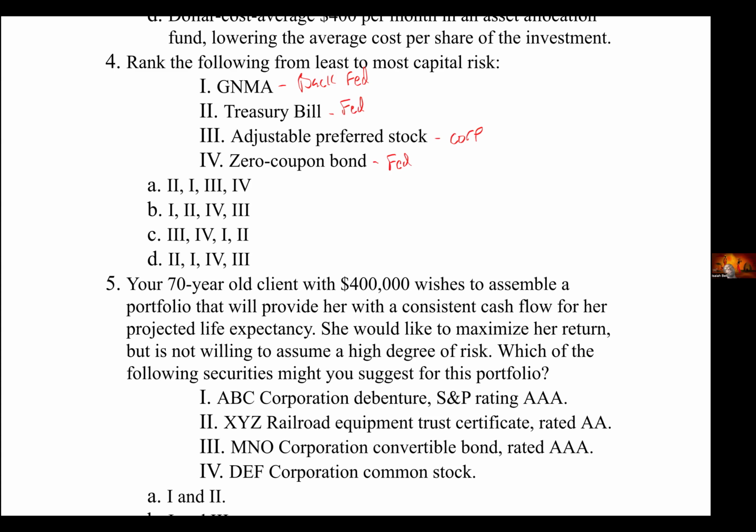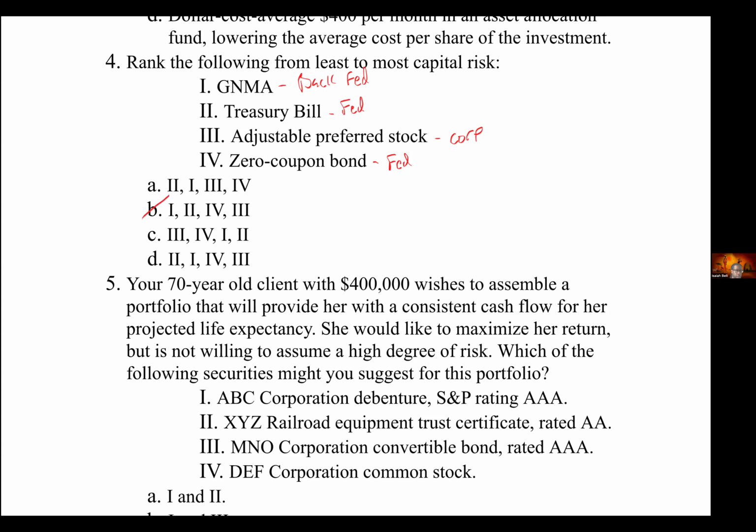All right, zero coupon bonds mean it doesn't come with a coupon. Usually bought for education purposes. So they want you to rank them from least to most capital risk. Now I wrote them so you'd know which ones were federal and which ones were corporate, so you can get an idea of how to put these in order. The T-bill is going to have the least amount of risk, so the T-bill goes first.